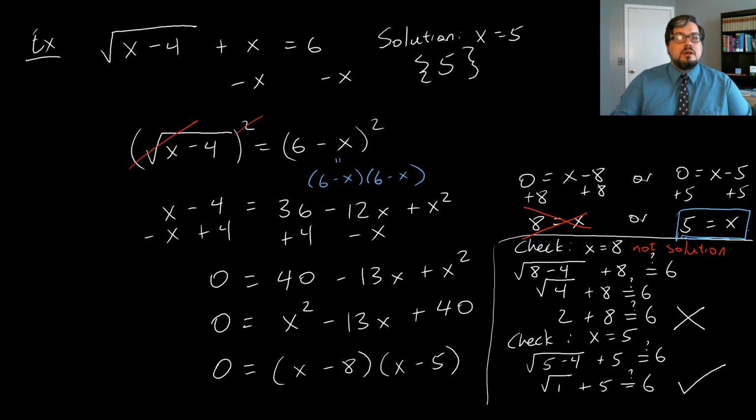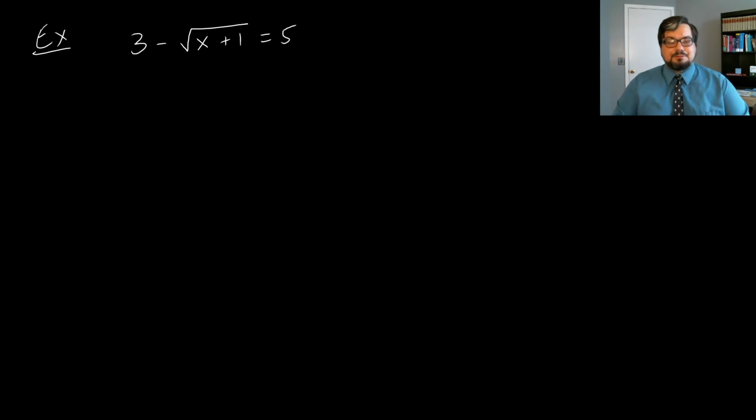Let's do another example. Let's look at 3 minus the square root of x plus 1 equals 5. So once again, we want to isolate the radical. We have to do that first.